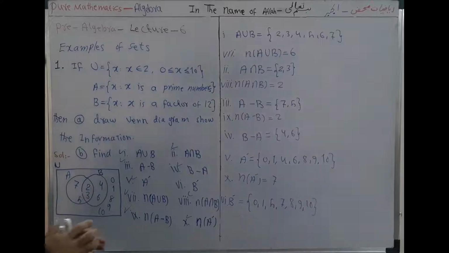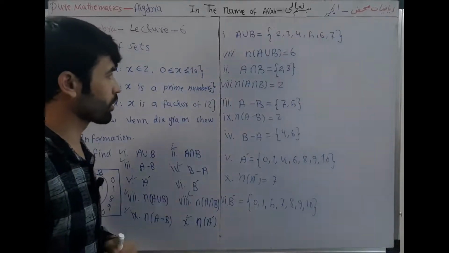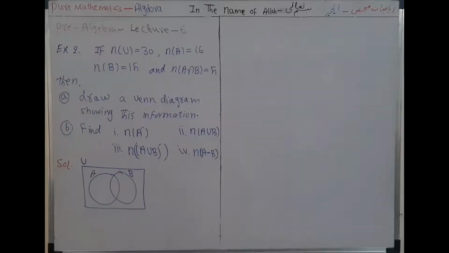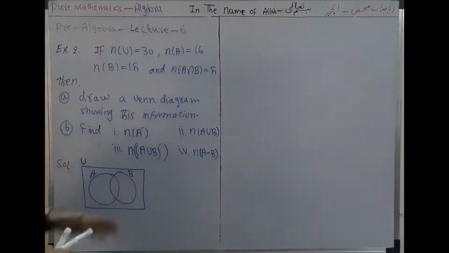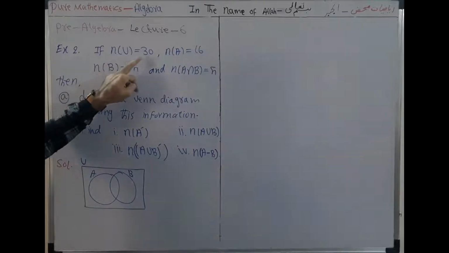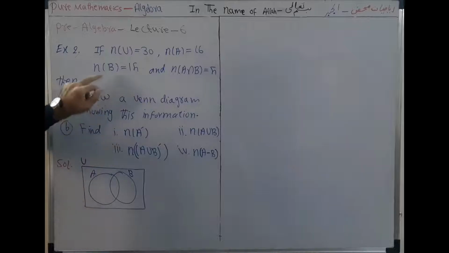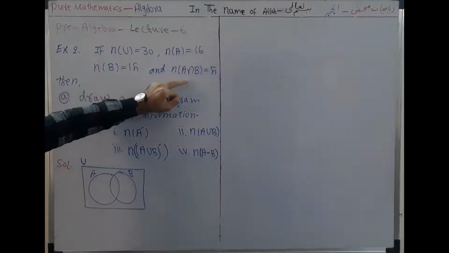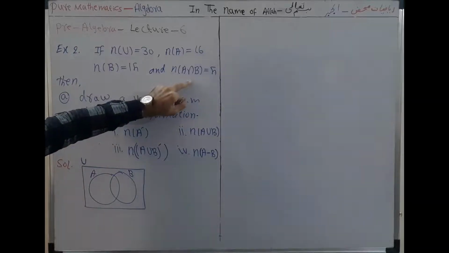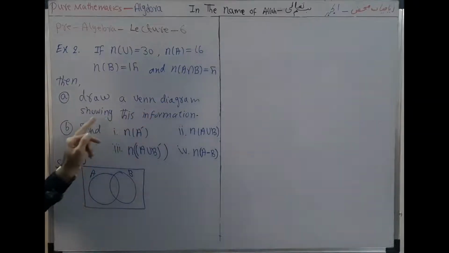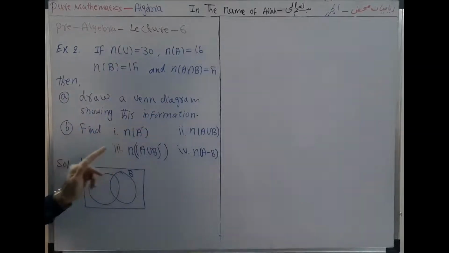Second example, we want to solve another one. If n of U is equal to 30, n of A is equal to 16, n of B is equal to 15, and n of A intersection B is equal to 5, then draw a Venn diagram showing the information.